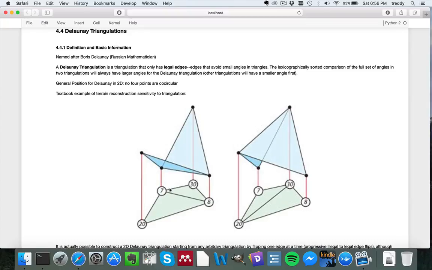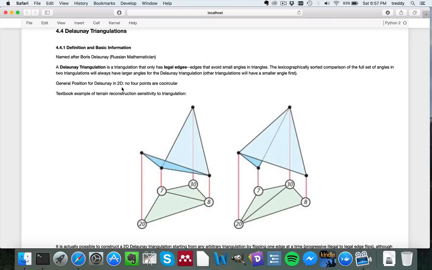So if we look at the triangles in this example figure down here, the only difference is that this edge here on the left has been flipped to produce skinnier triangles on the right. By skinnier, I mean that they have smaller angles at the ends here compared to at the ends here, here, and here. So the Delaunay algorithms will always strive to convert this type of triangle into this type of triangle, which has the fatter angles.